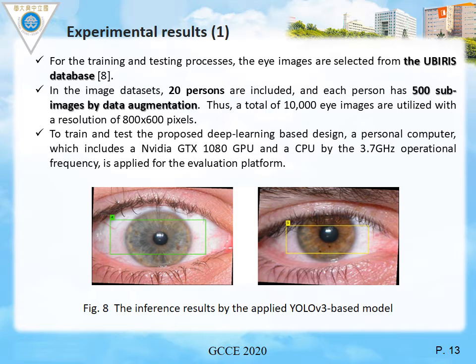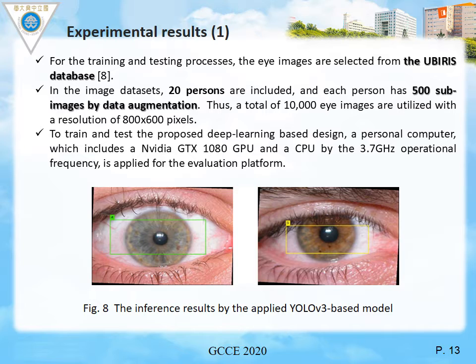Experimental results. For the training and the testing processes, the images are selected from the UBIRIS database. In the image dataset, 20 persons are included, and each person has 500 sub-images by data augmentation. Thus, a total of 10,000 images are utilized with a resolution of 800 by 600 pixels.